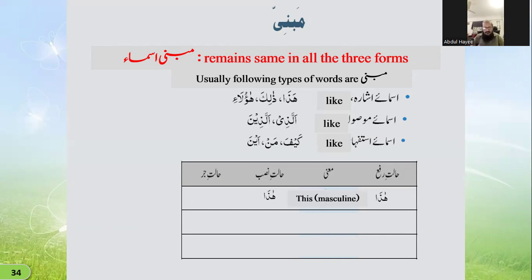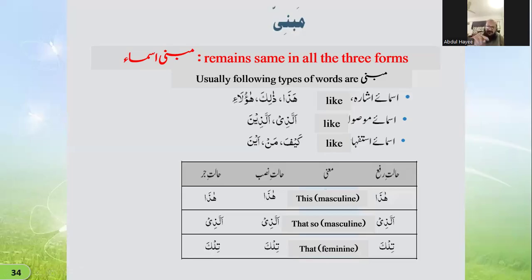So we say haza, haza, haza; allazi, allazi, allazi; tilka, tilka, tilka. So they are the mabna. They have only one state, whether it is raf, nasb, or jar, the same.